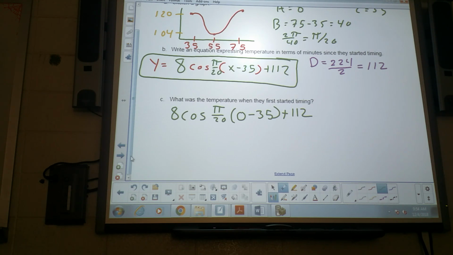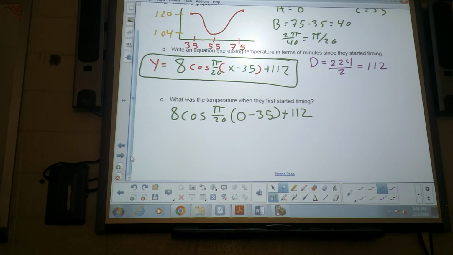What is 0 minus 35? It is negative 35. And then we're doing pi over 20 times negative 35. So what is pi over 20? You can leave it like that, or you can reduce it.